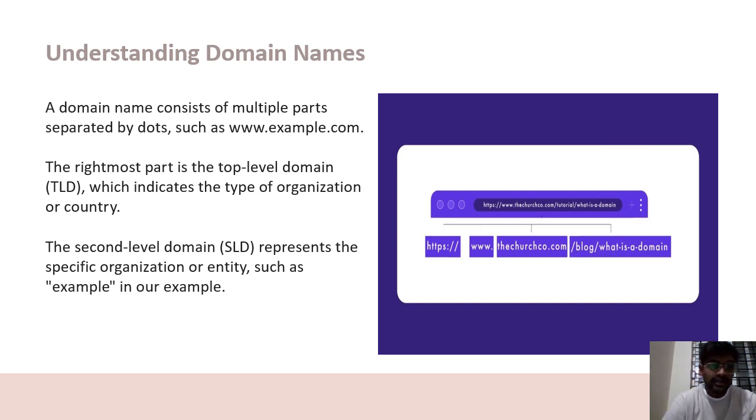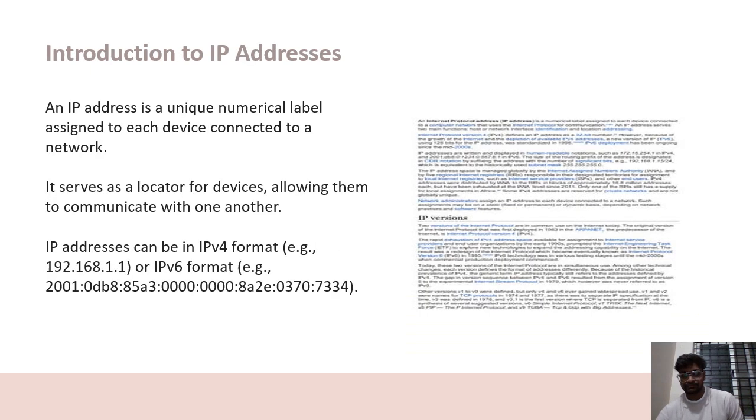The second-level domain represents the specific organization or entity, such as example in our example. Here we can see https://www.example.com, again with the dot-separated domain.